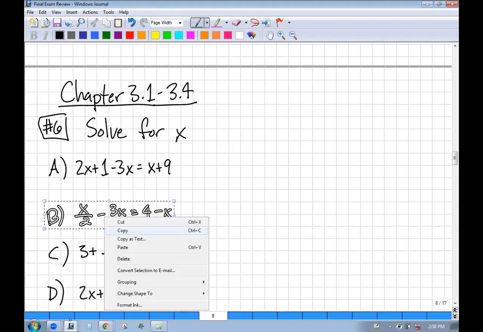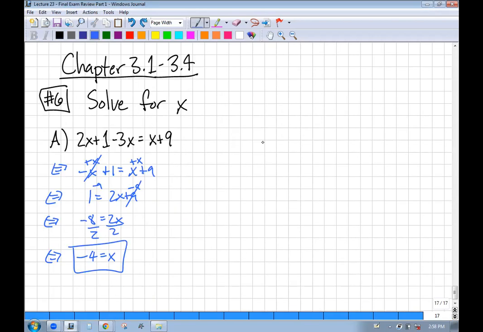Get B. This dude, fractions suck. The way I would do this, well, let's see. I would collect these x's first, right? So that gives me x over 2 equals 4 minus x plus 3x is 2x.